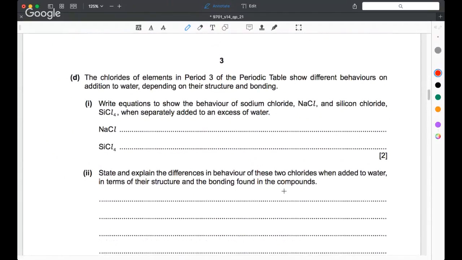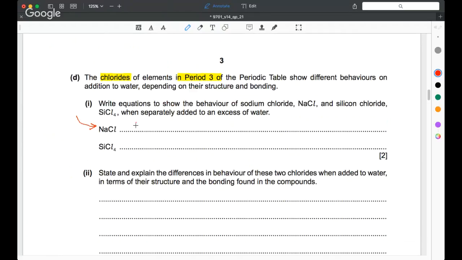Now, we're talking about chlorides in period 3 here, aren't we? It's going to be adding these 2 different chlorides to water, and it wants you to write equations to show what happens. Well, of course, sodium chloride is just salt. So when you add salt to water, what are you doing? You're just dissolving salt.